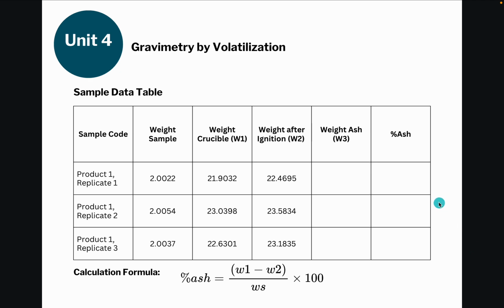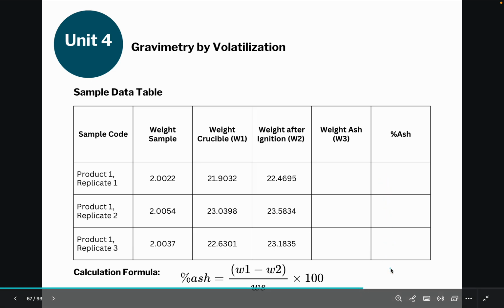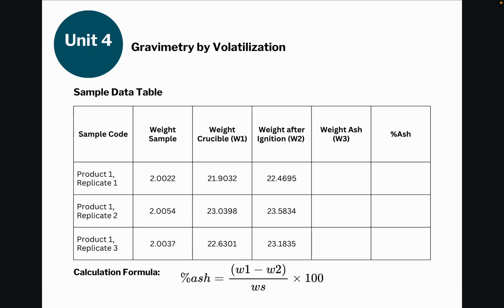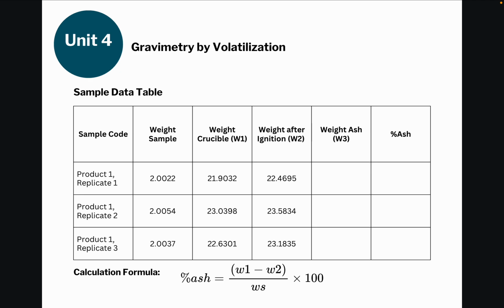And if we want the overall mean, you can get the overall mean and standard deviation for these replicates. Okay, so that's it for the example of gravimetry by volatilization. You can also use moisture content determination and other volatilization gravimetric methods.